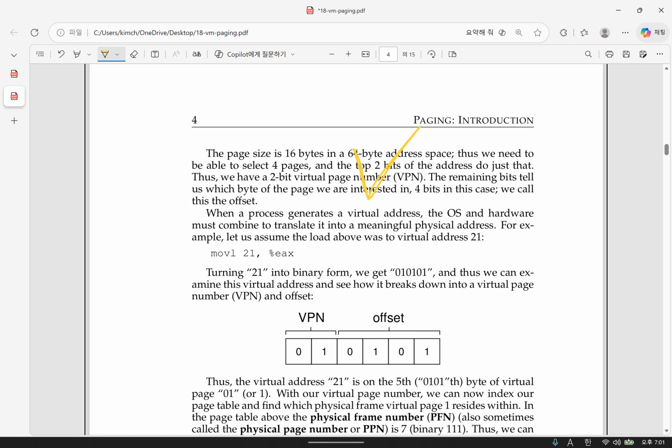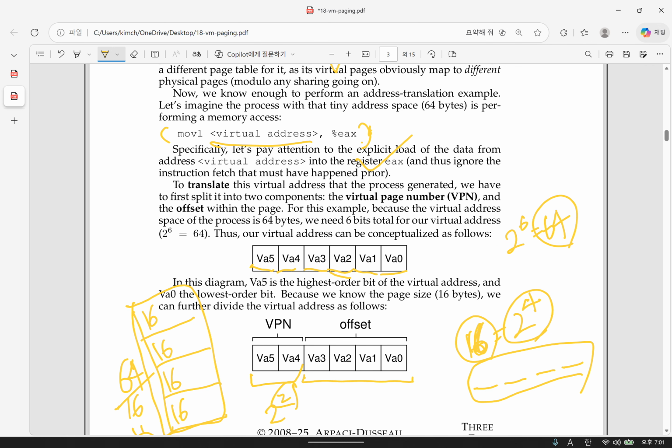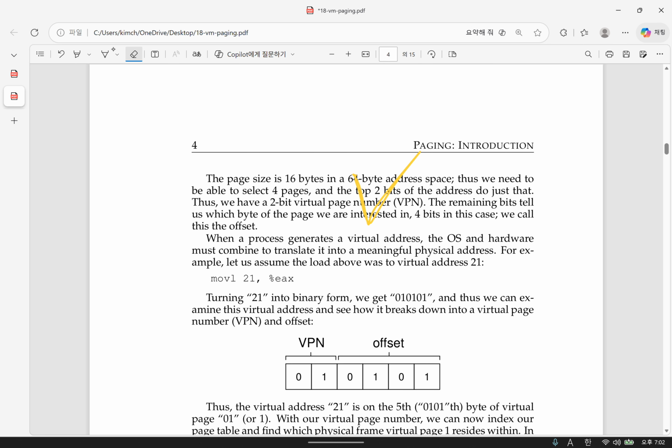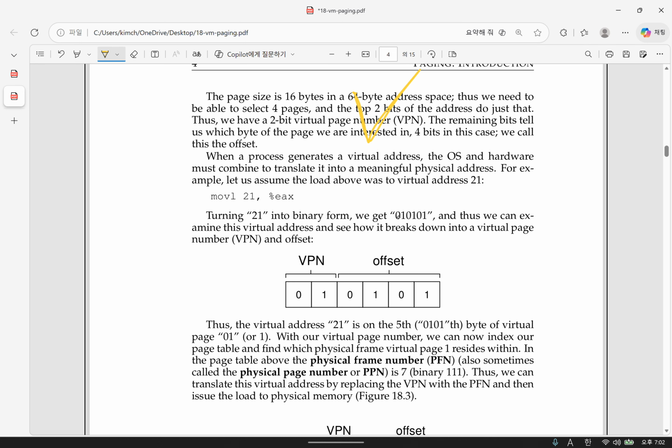So let's assume the virtual address here in the load above was 21, right? Turning 21 into binary form, we get 010101, because 2 to the 0, 1, 2, 3, 4, and 4 is 16, plus 4, plus 1.